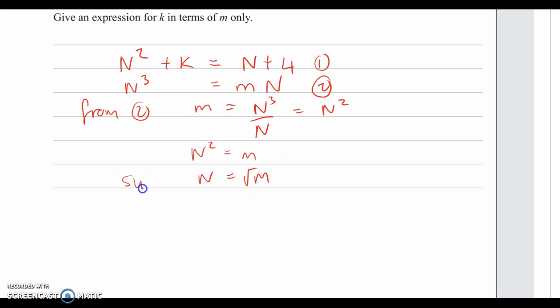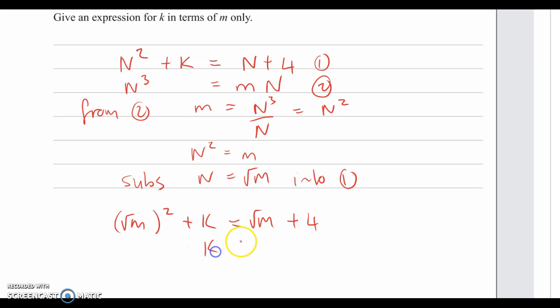So I'm going to substitute n equals the square root of m into 1, where I've got my k. So n squared is going to be the square root of m squared plus k equals n, which is the square root of m plus 4.